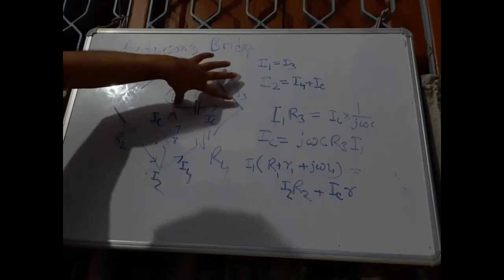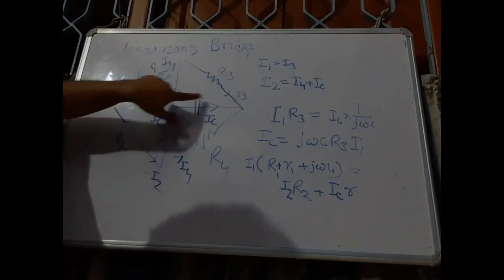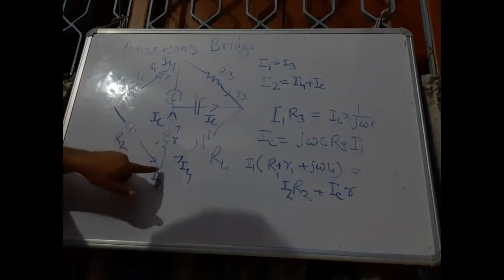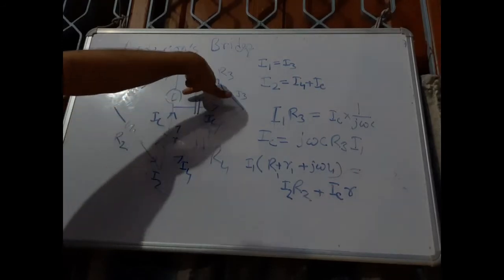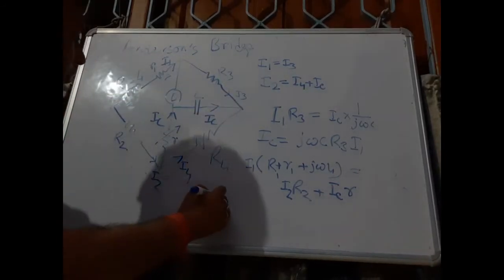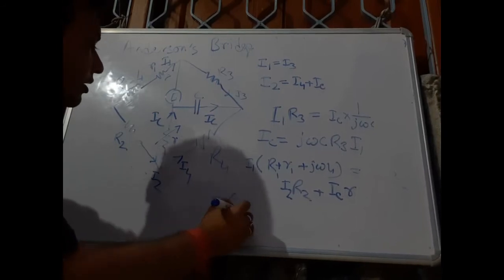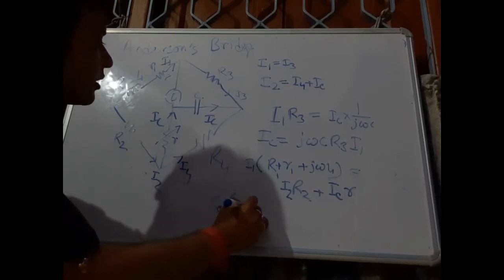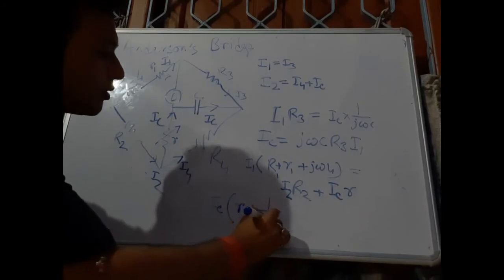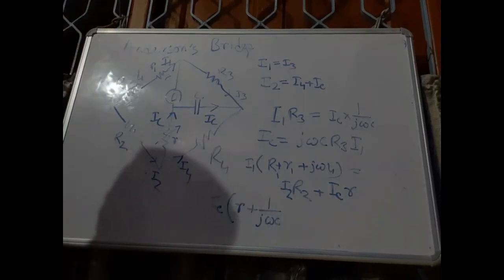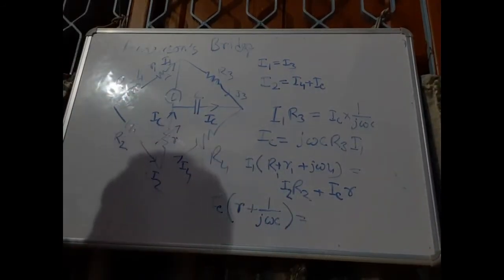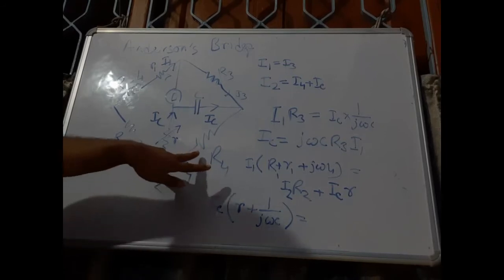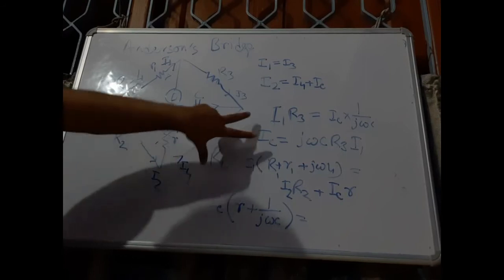The second formula is: the voltage across this internal inductor and the internal capacitor, IC into R plus 1 by j omega C, right, is equal to this voltage.